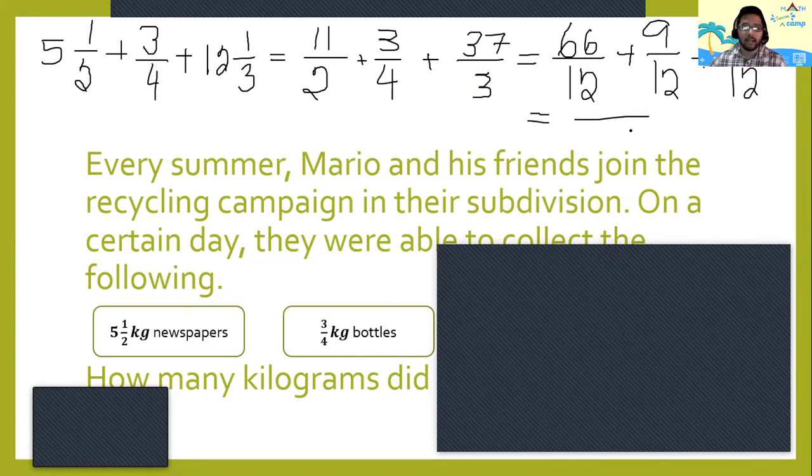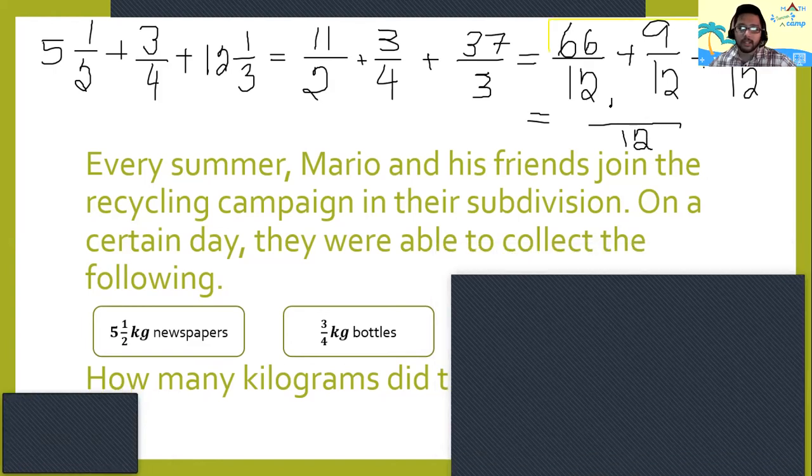To add similar fractions, add the numerators and copy the denominator. So this is 223. You can check that if you like. And then we're going to turn it into a mixed fraction again because it's much better that way when we're going to answer the original question.